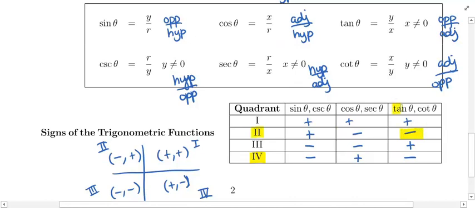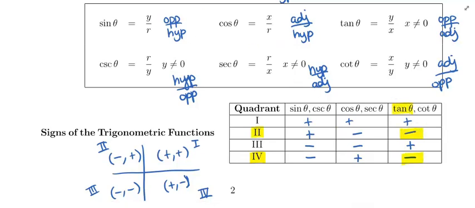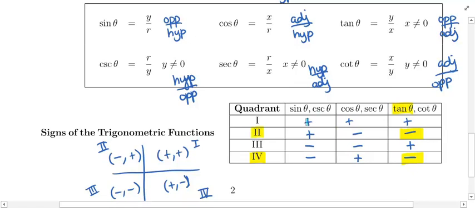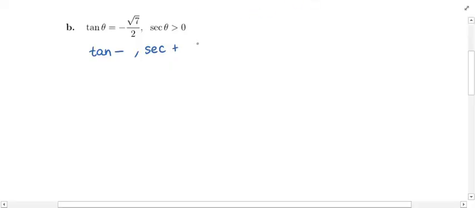Okay, and we also need a positive secant. So if you look in the secant column, secant is positive in quadrant 1 and it's positive in quadrant 4. We need both conditions to happen, so the overlap is occurring in quadrant 4. Okay, so this tells us that we are in quadrant 4.